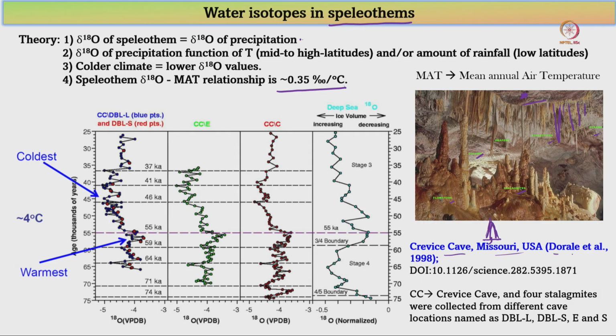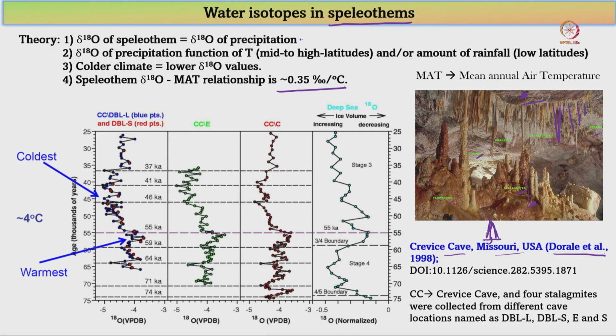The data has been taken from this particular paper, and here we have this Crevice Cave where 4 stalagmites were collected from different locations. So, stalagmites are these structures which develop from the ground. But again they are formed from the dripping of water or precipitation.